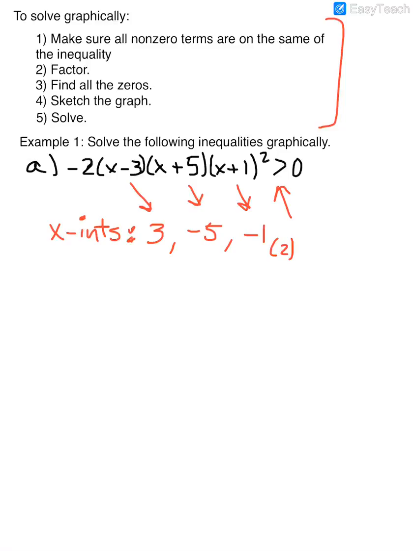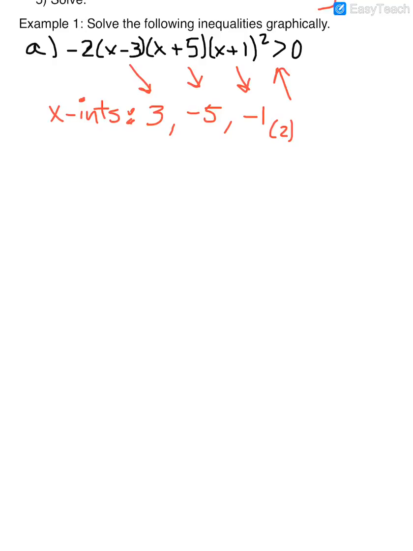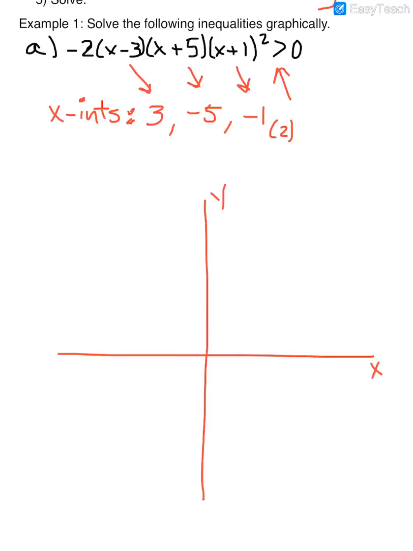Once I've found my zeros, the next step is to sketch a graph, like what we would do if we were graphing them using our end behavior and our multiplicity. There's my x, there's my y. For 3, I'm right there, -1, and there's my -5.